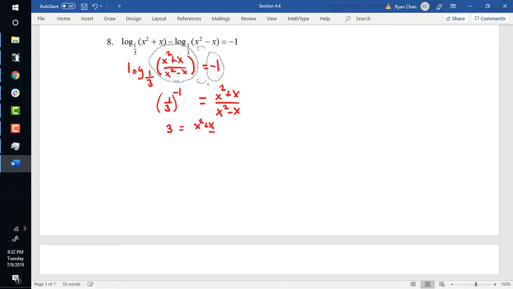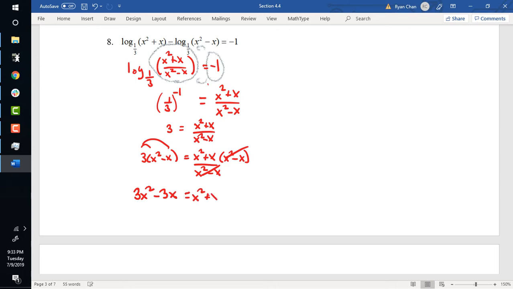So we're going to multiply both sides by x squared minus x. So this is going to cancel. I have, and I'll distribute, 3x squared minus 3x is equal to x squared plus x.